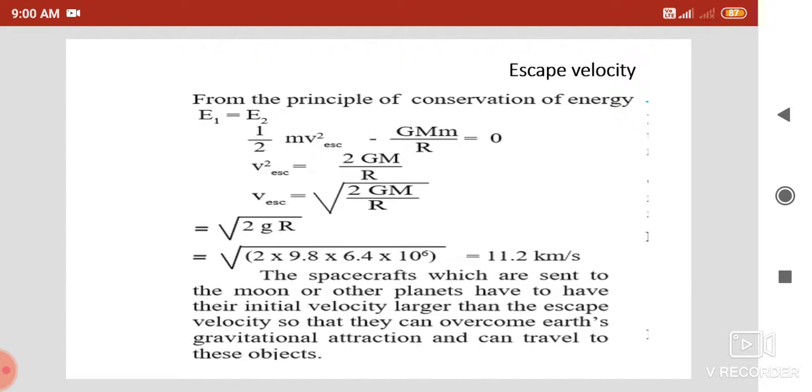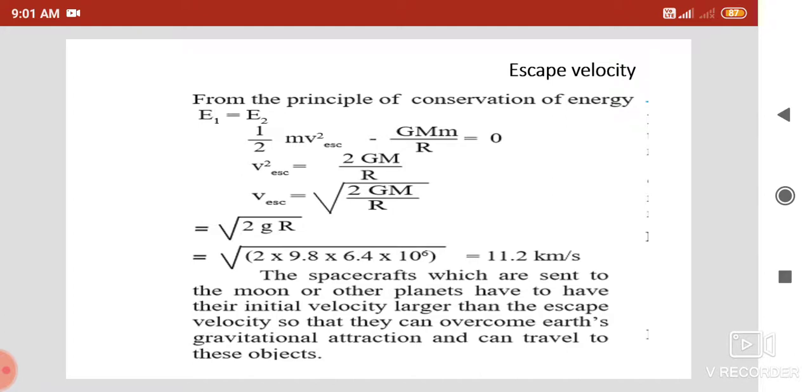If you put the value of small g as 9.8 and R, the radius of the earth, as 6.4 times 10 raised to 6, then on solving we get the answer 11.2 kilometers per second.